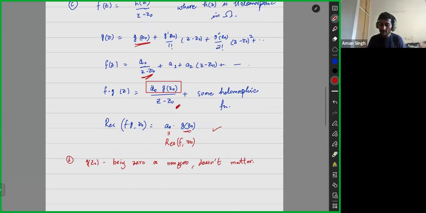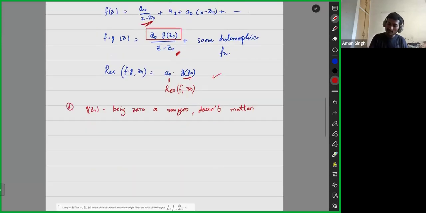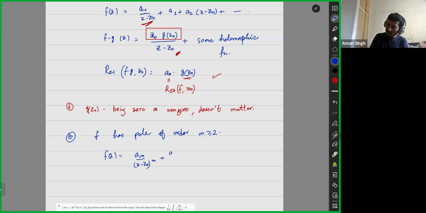If f has a pole of order m bigger than or equal to 2, then f(z) will look like this: a minus m divided by (z minus z naught) to the power m, plus a minus m plus 1 divided by (z minus z naught) to the power m minus 1, and so on up to a minus 1 divided by (z minus z naught), plus a0, plus a1 (z minus z naught), and the positive degree terms.